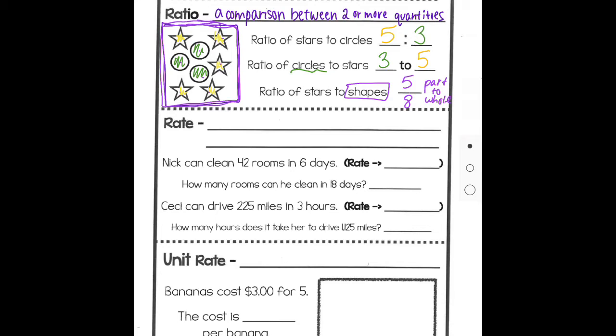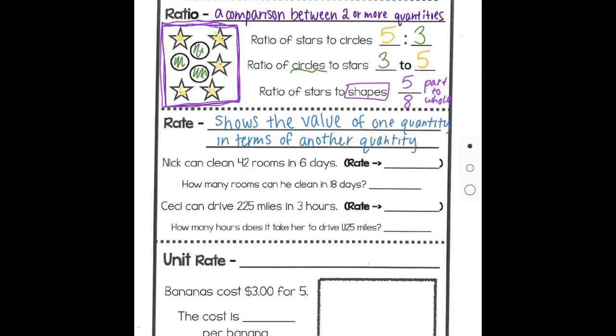So a rate shows us the value of one item or of one quantity in terms of another quantity. Remember, quantity is just something that you can count.